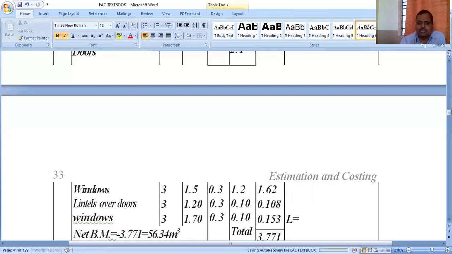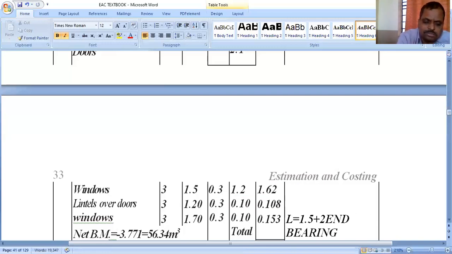The length of the window is 1.5 meter plus 2 end bearings. I will write this so that when solving the problem at home, it will be easier for you to make out why we have increased the length by 0.2 meter. Here I will write 2 end bearings. Okay, so see here.